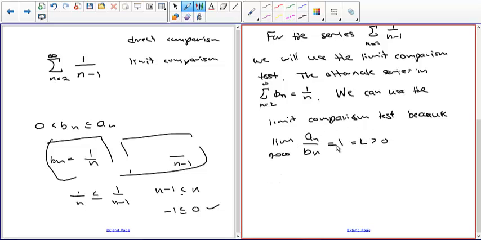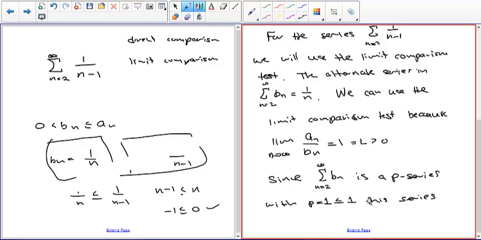So once we can say why we can use the limit comparison test, we can then say, since the alternative series is a p-series with p equal to 1, the convergence criterion for the p-series is that if p is less than or equal to 1, which it is, the series diverges.